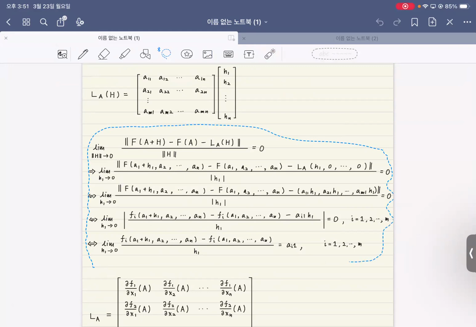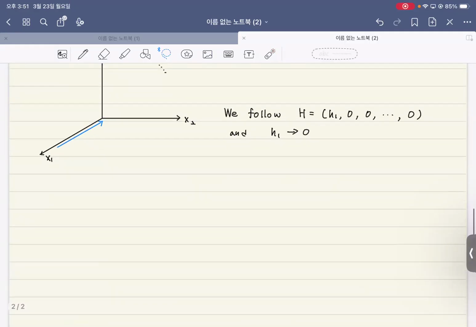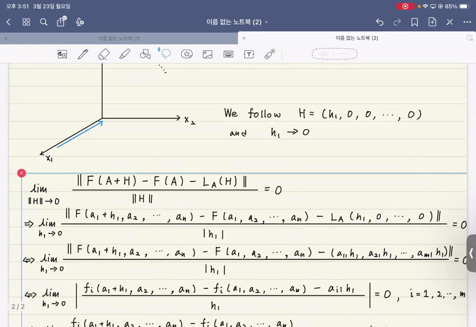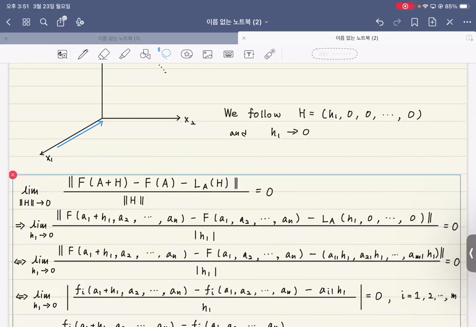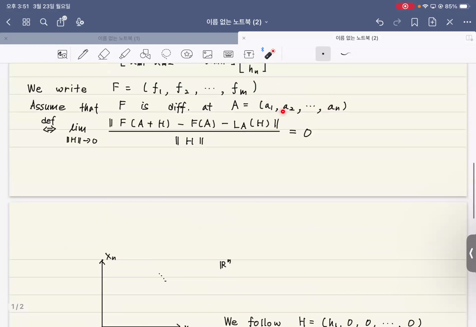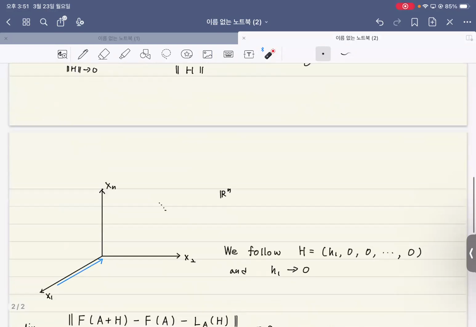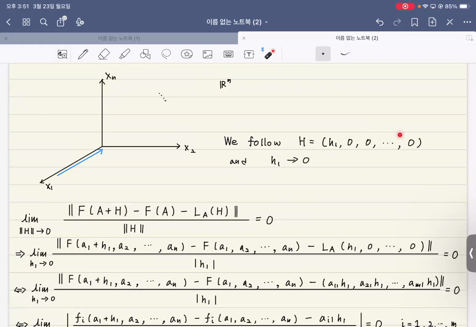Since we are slightly running behind the schedule, this first equation is simply the definition of being differentiable at point A, right? But here I am replacing this A by this component, and this H by this guy.